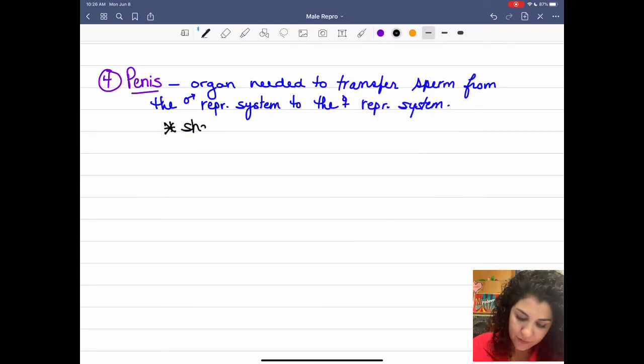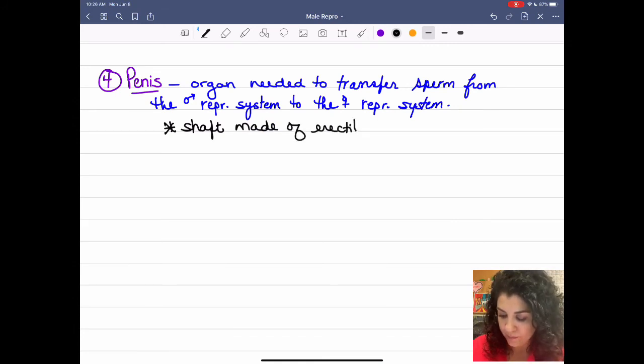we have a shaft made of erectile tissue. And erectile tissue is a very spongy tissue, so it has cells and then it has these pockets. And the pockets are what fill up with blood during an erection. And so as blood enters the penis, it enters these openings, then it fills up, and therefore the penis becomes erect.